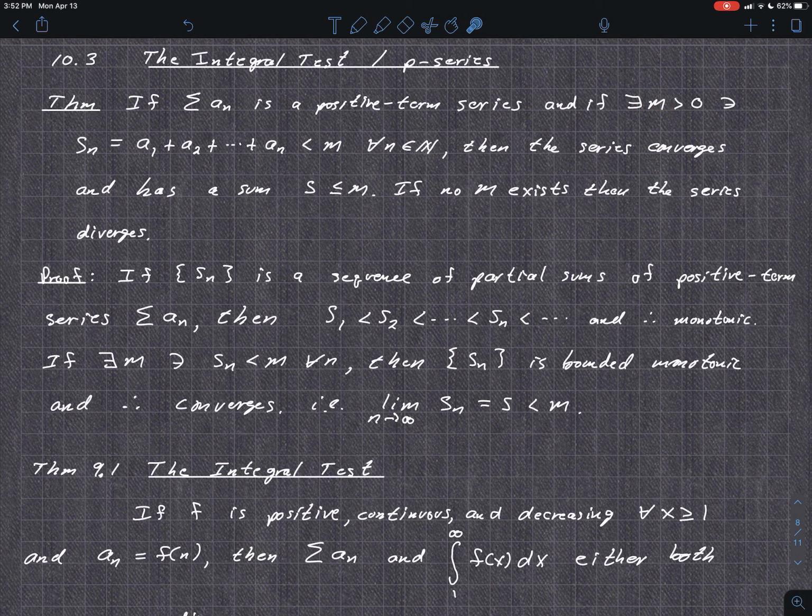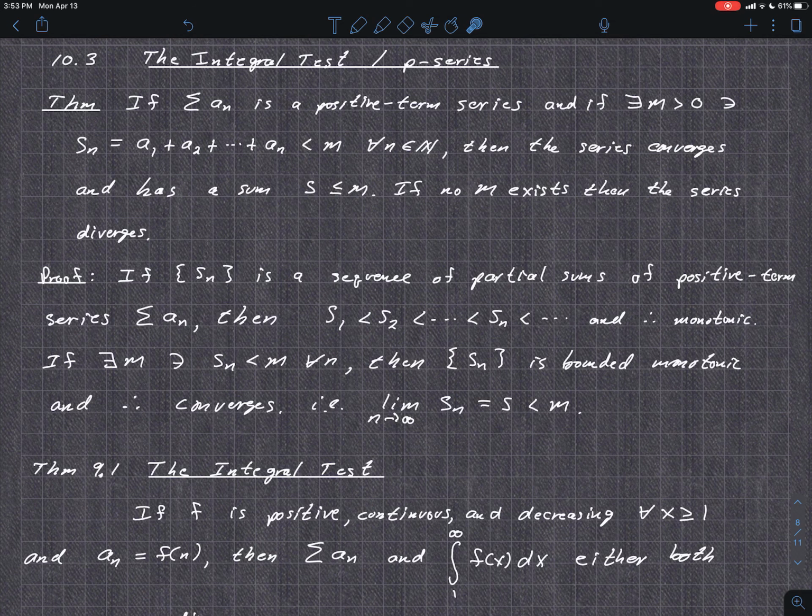And if there exists an m greater than 0 such that S sub n, which is the partial sum, is less than m for all n, so n is equal to 1, 2, 3, etc., then the series converges and has a sum less than or equal to m. If no m exists, then the series diverges. All right, so let's look at the proof of that.